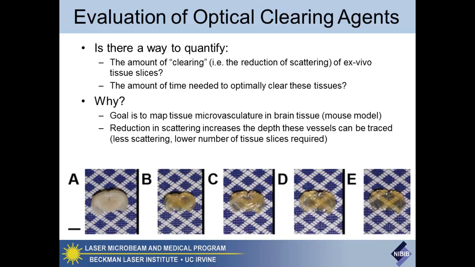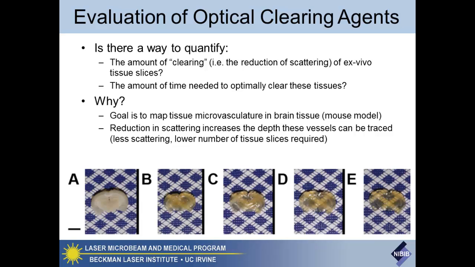The actual motivation behind this was a project looking at mapping the microvasculature in brain tissues in a mouse model. The interest in using optical clearing agents was that the clearer you can make the tissue, the thicker you can slice it, and the easier it would be to map larger thicknesses of the tissue.